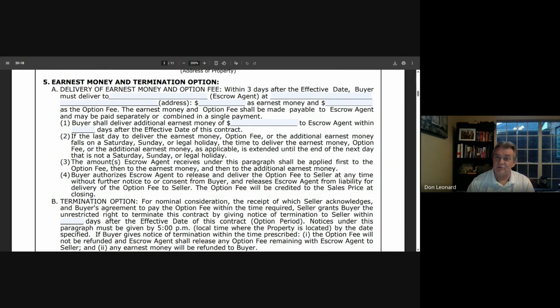Earnest money is a show of good faith. It does not create the contract. It is just a show of good faith. So whatever the amount that gets put in there, we see it all the time, people make it exactly 1% of whatever the sales price is.